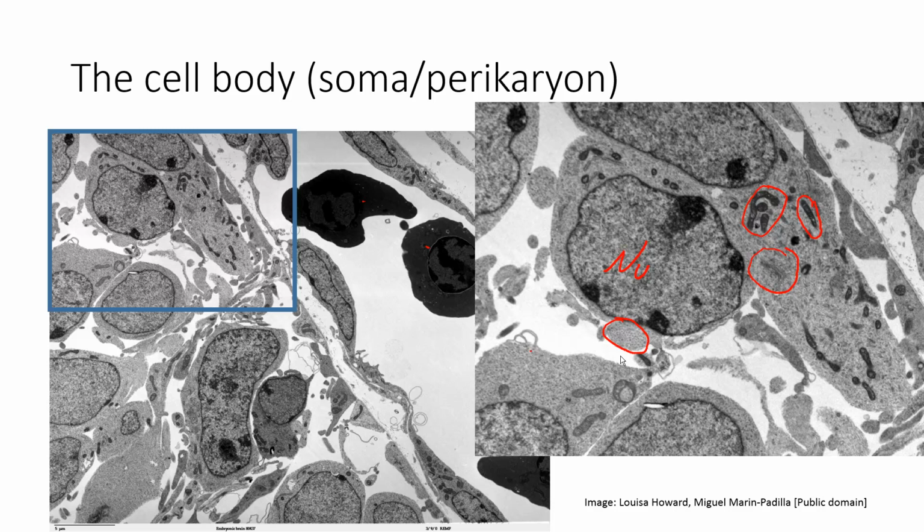And so we have to get stuff from the trophic center of the cell around the nucleus out to the tips of those axons. And these neurofibrils are going to help. In the light microscope, they're argyrophilic, meaning they stain readily with silver stains, and they're a combination of both intermediate filaments and microtubules.